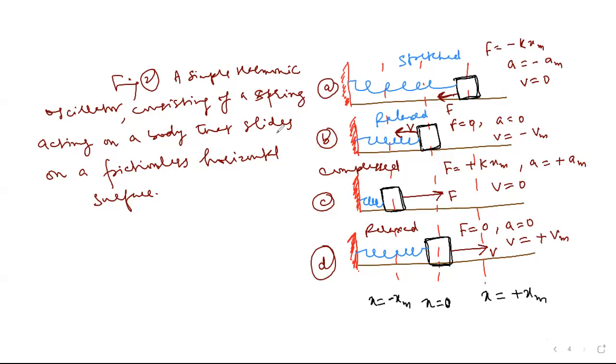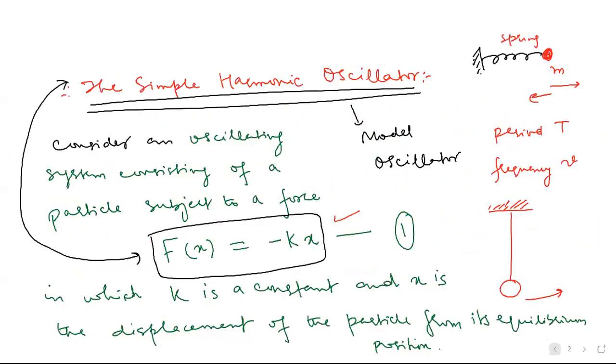A block of mass acted on by a spring of spring constant K and sliding on a frictionless horizontal surface. So now you can understand why it is called a simple harmonic oscillator. It is a model oscillator. You can understand other oscillations in terms of this oscillator when their amplitude of motion is small.